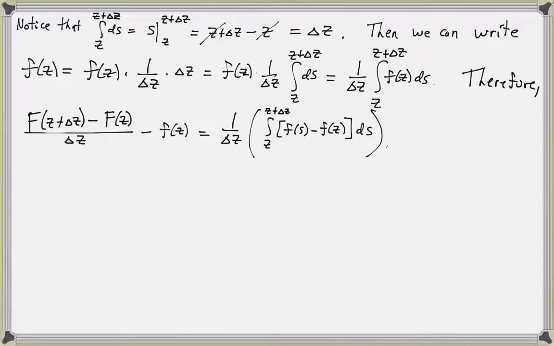So what we're going to show is that as delta z goes to 0, this whole expression will go to 0, and therefore the derivative of capital F will equal little f.